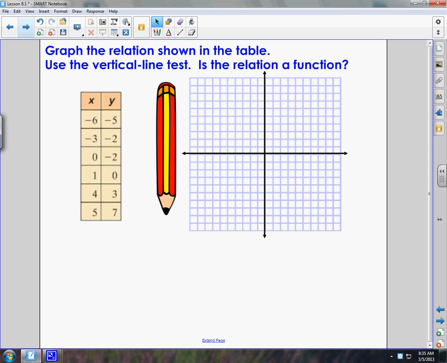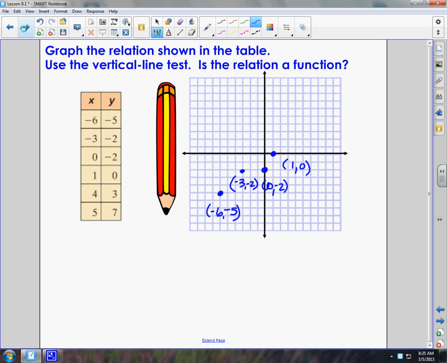So if I try this, graph the relation shown in the table and use the vertical line test. So I'm going to graph this. There's my first point, -6, -5. Then -3, -2. 0, -2. 1 over, 1 up, 0.